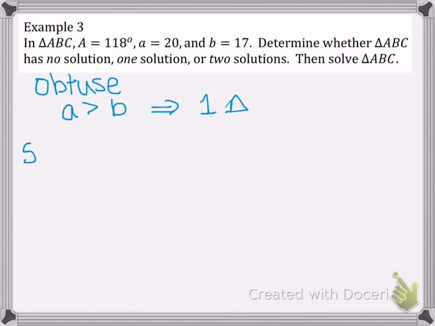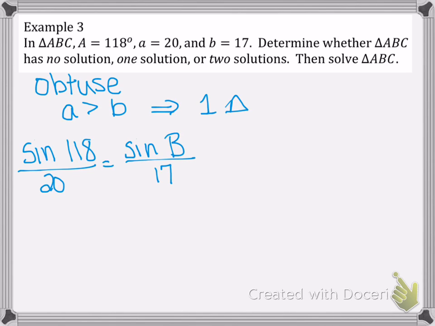So then I can go through my law of sines. Sine of 118 over 20 equals the sine of B over 17. So that would give me that angle B, after plugging it into my calculator, is 49 degrees.